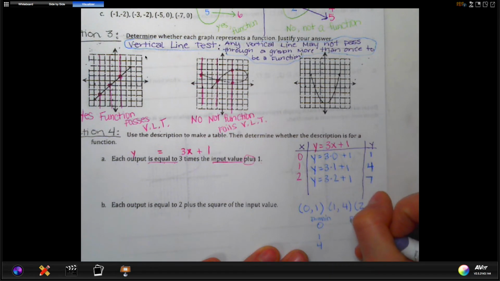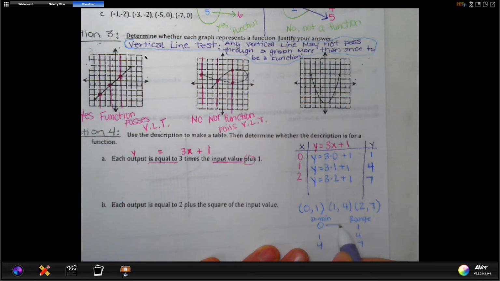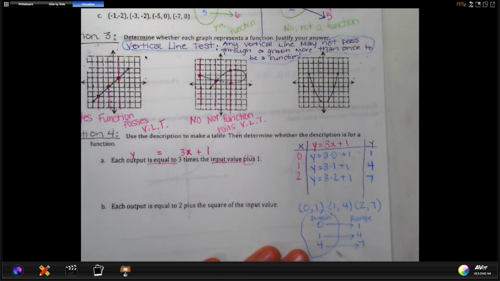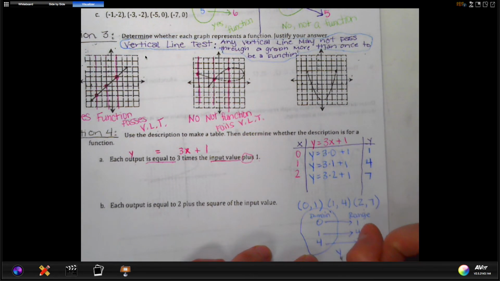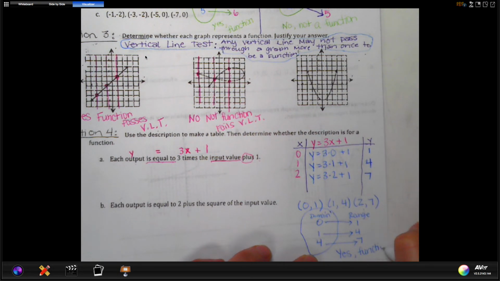Our range would be 1, 4, and 7. If we were to do our mapping diagram, 0 maps to 1, 1 maps to 4, 2 maps to 7. Only one arrow comes out of each value of the domain, so yes, this is a function. And that's the lesson today.